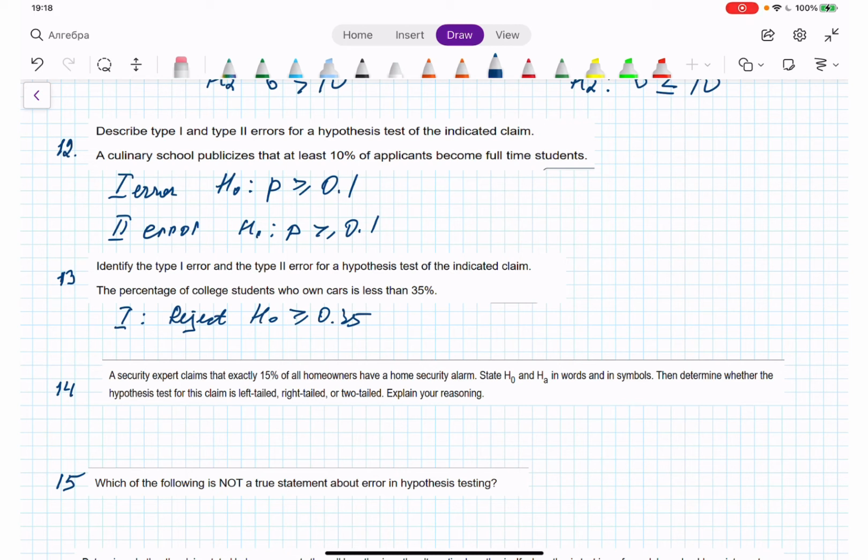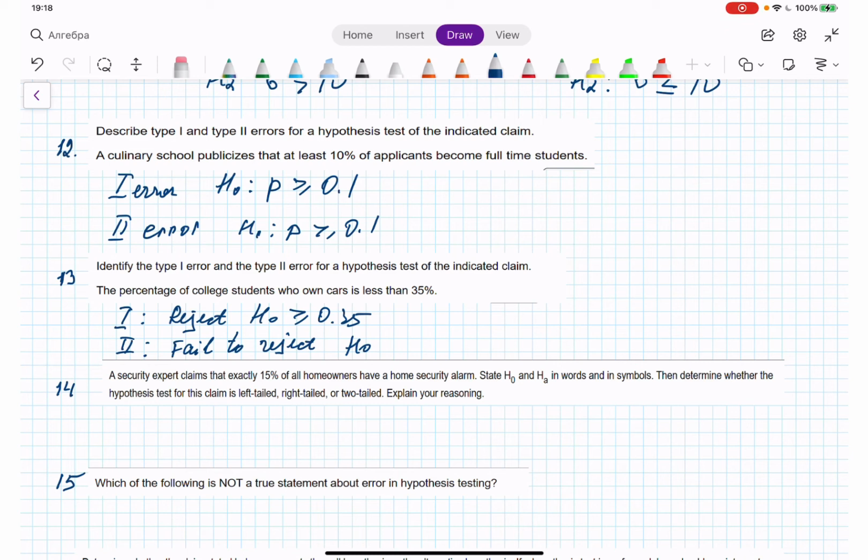Okay, and type 2 error, we fail to reject the null hypothesis. Keep in mind that all decisions about errors we are making relate to the null hypothesis.